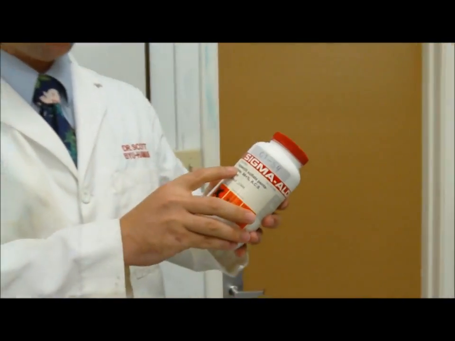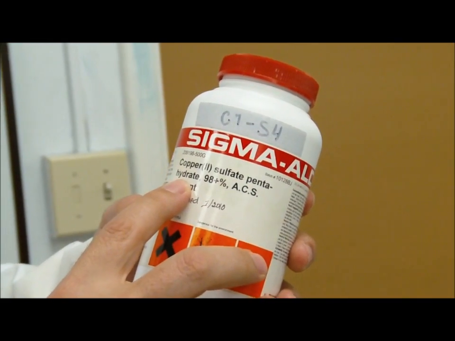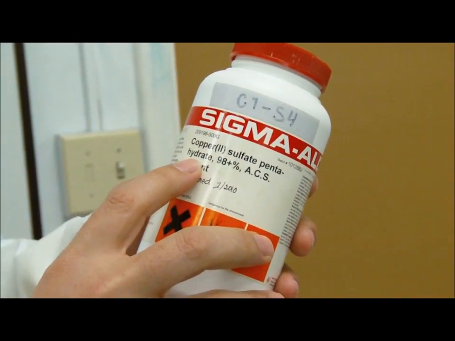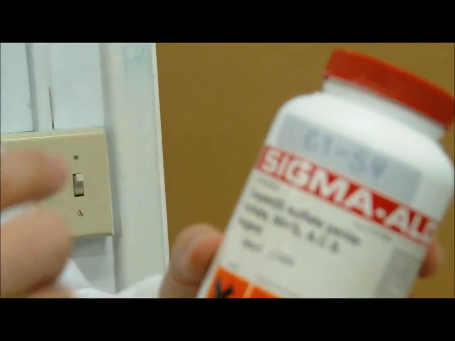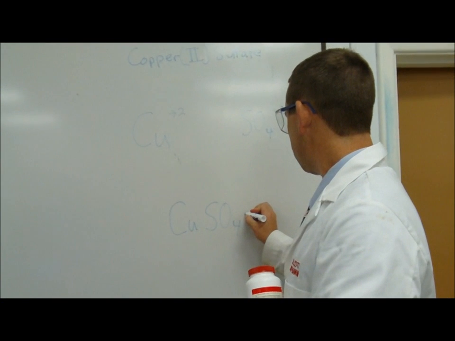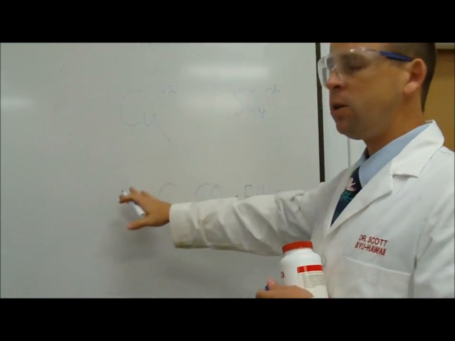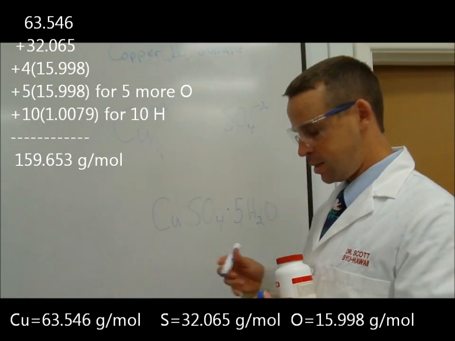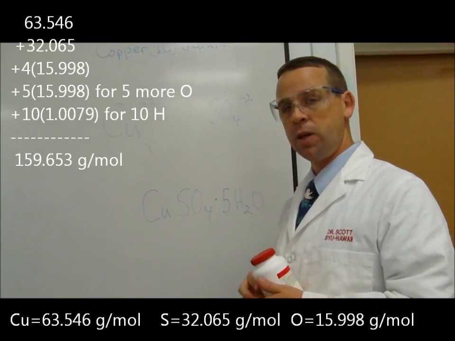And this chemical here we see is called copper 2 sulfate pentahydrate. All right? And there's a couple ways to get around this. We can always look for the name, write down then how many waters there are, find out the formula mass of this, and then weigh out that much to get 1 mole of copper sulfate.